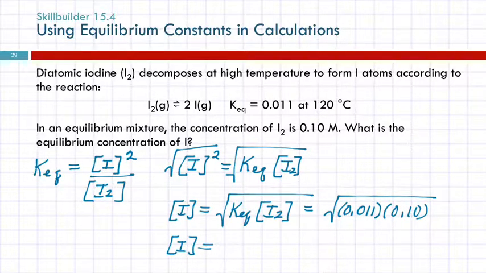So on my calculator I'm going to do the square root button first. 0.011 times 0.1 and press equals. And this tells me 0.033. 2 sig figs. And I slap the unit on there, molar.